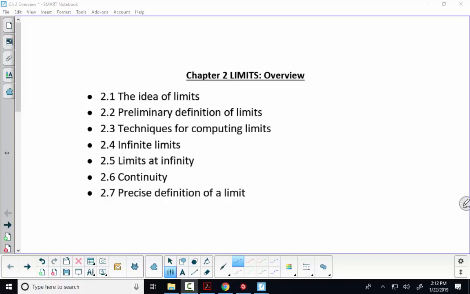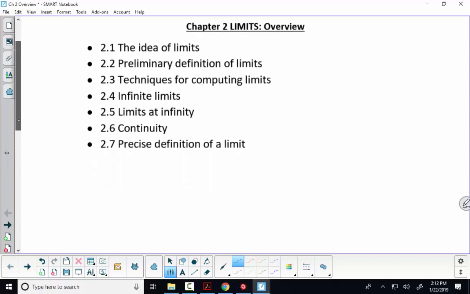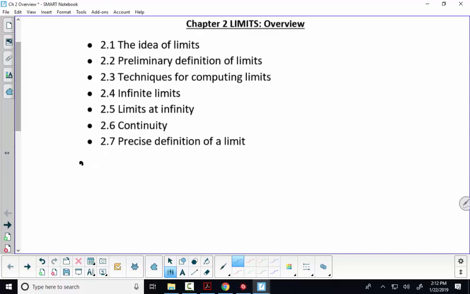We're starting off with the idea of a limit in 2.1, and that's more of a numerical introduction into the notion of a limit. 2.1, we'll look at numerics. 2.2, we look at the preliminary definition of a limit.